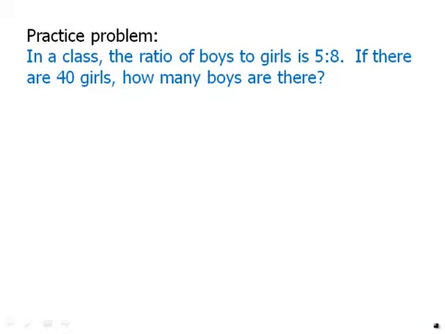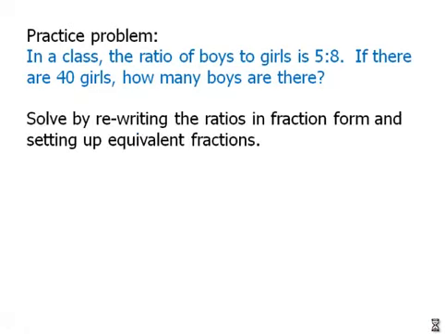So what I'll say is we solve by rewriting the ratios in fraction form and setting up equivalent fractions. So one fraction, of course, is 5 over 8. That's given. And that's a ratio of boys over girls. So I have to make another fraction of the form boys over girls. I have a number for the girls, 40. So I'm going to say that the number of boys is x.